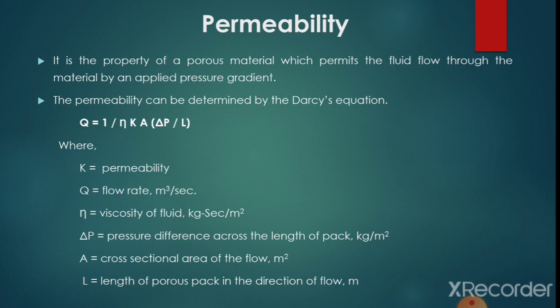Where K is the permeability, Q is flow rate in meter cube per second, eta is viscosity of fluid having unit kg second per meter square, delta P is the pressure difference across the length of pack having unit kg per meter square, A is the cross sectional area of the flow having unit meter square, and L is the length of the porous pack in the direction of flow having unit m.